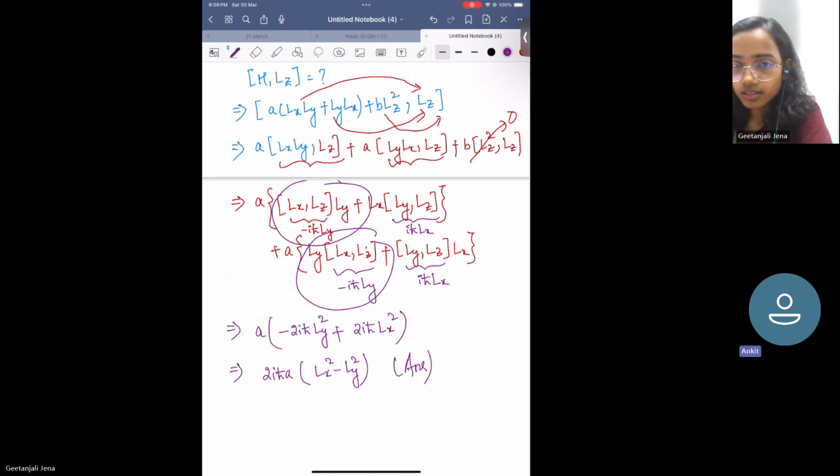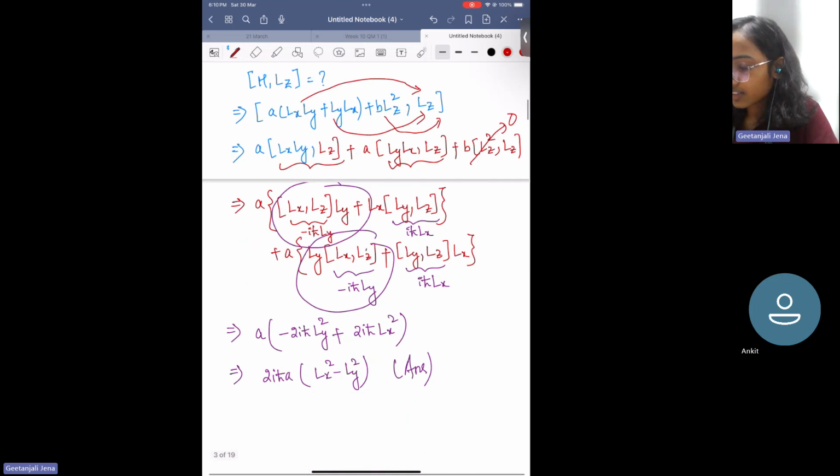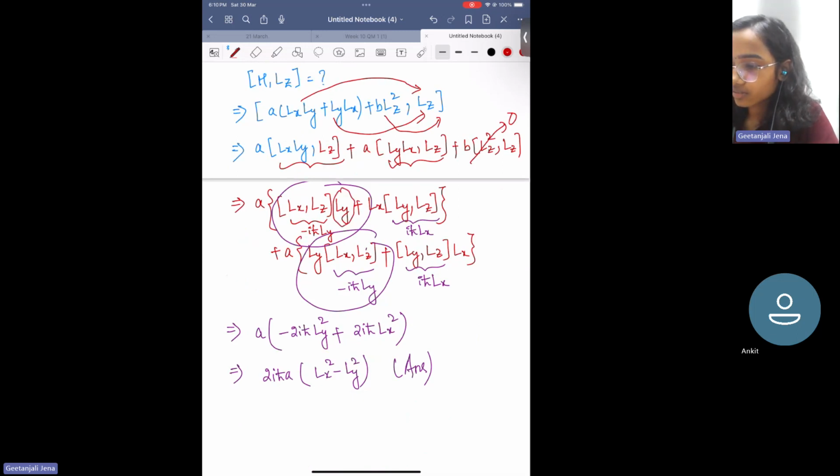So it should be minus 2i h-cut Ly, not Ly square. Why have you done Ly square? Because there is an Ly here also. I will highlight that there is an Ly here, right? So you are multiplying i h-cut Ly and Ly. Okay, so that's why you got Ly square. Okay, ma'am.